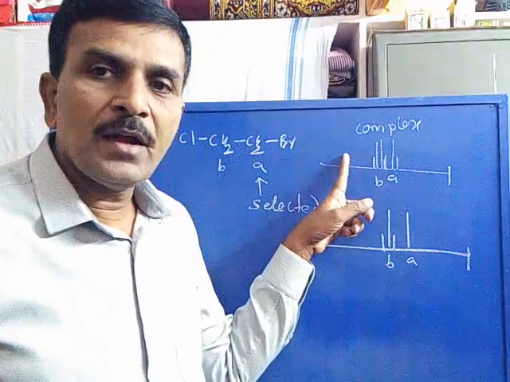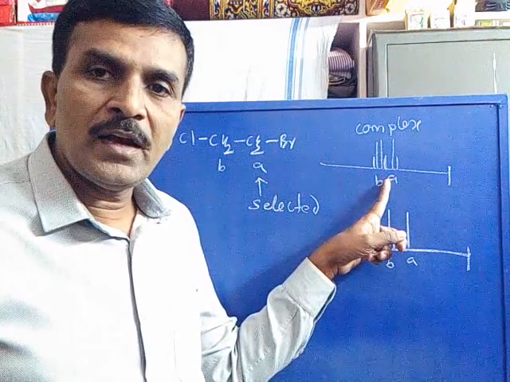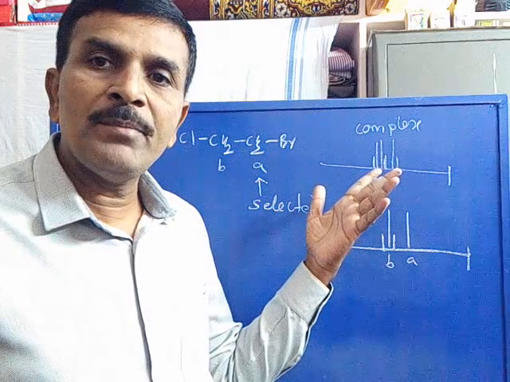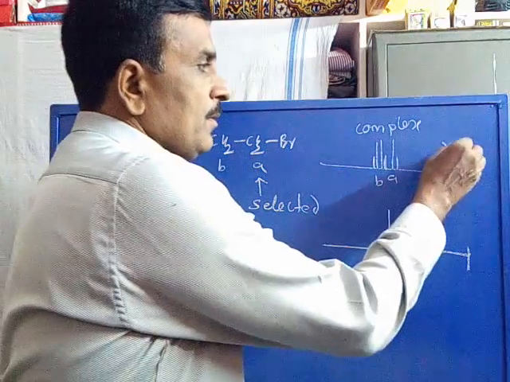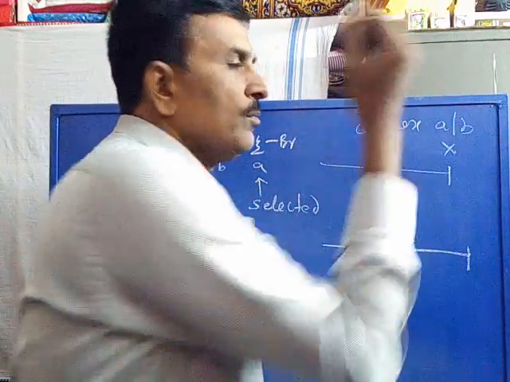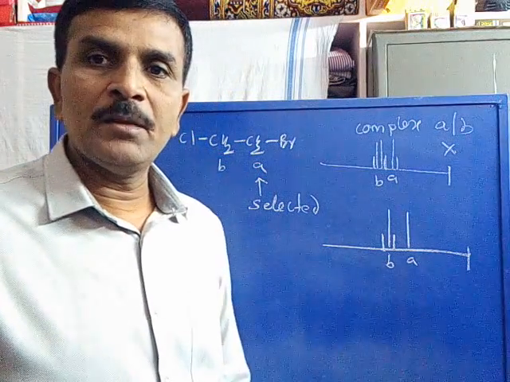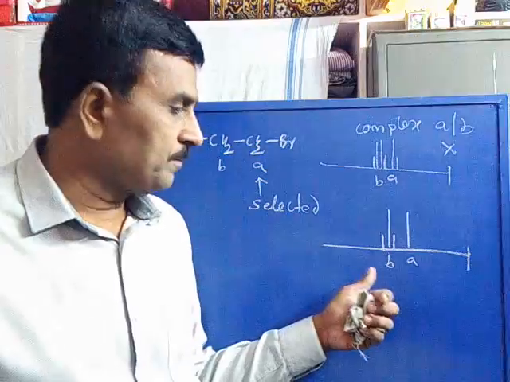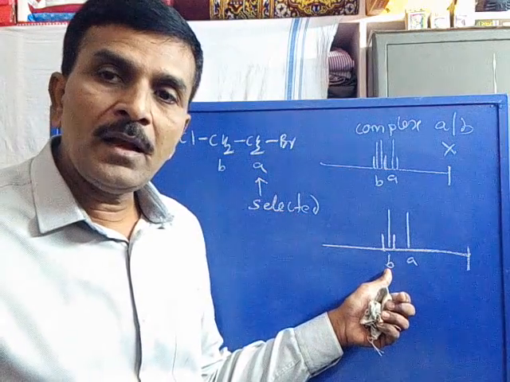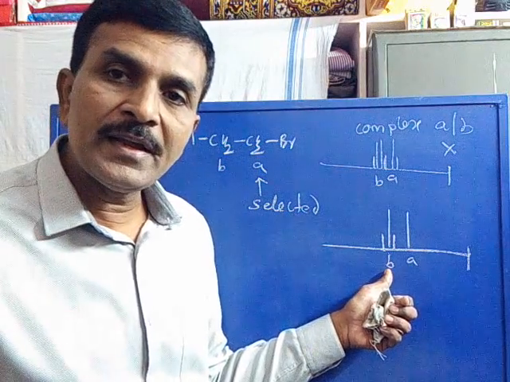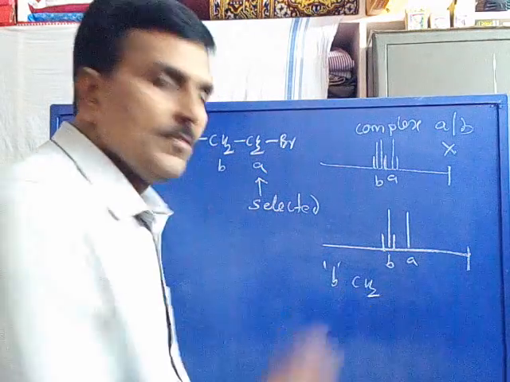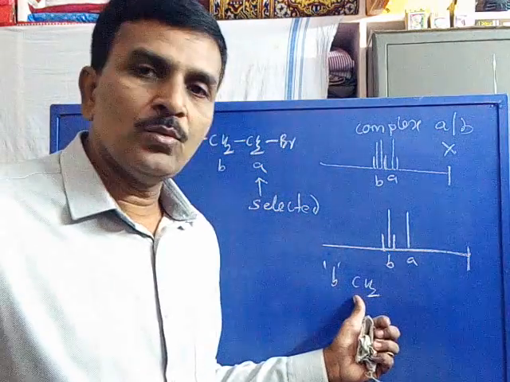Now in the SFORD, if the signals are overlapped, we are unable to predict the type of A carbon and the type of B carbon. A and B are not known. Coming to the second spectrum, you can see the B signal appears as a triplet, indicating B is a CH2.